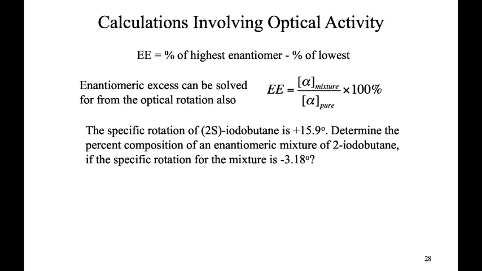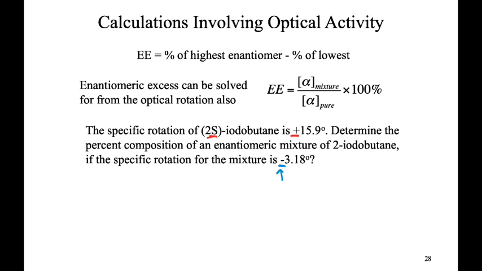What can you tell me about the mixture right away? That's S favored. Okay, I like where you're going with that. You're saying it's S favored. Why is it S favored? 15 compared to negative 3. A positive rotation was S. What does that mean the negative rotation is? R. So right away, what do you know?